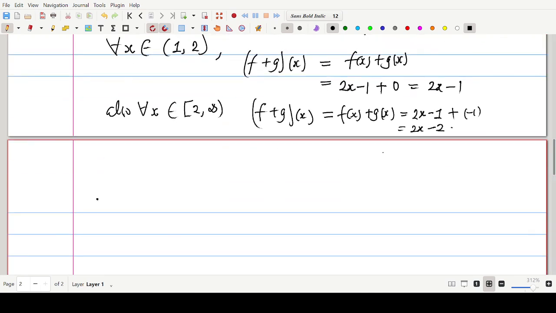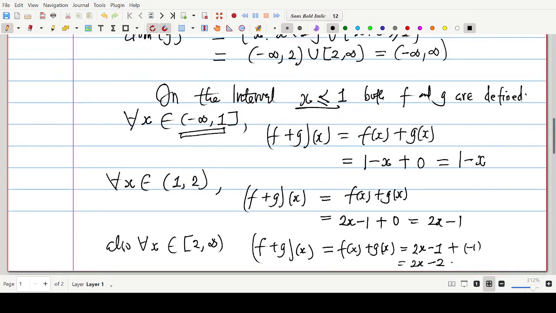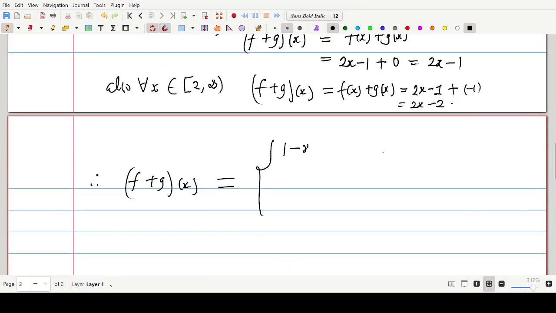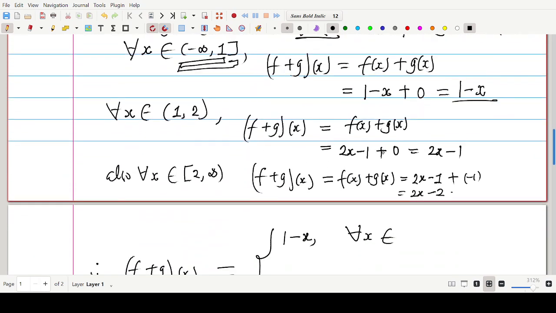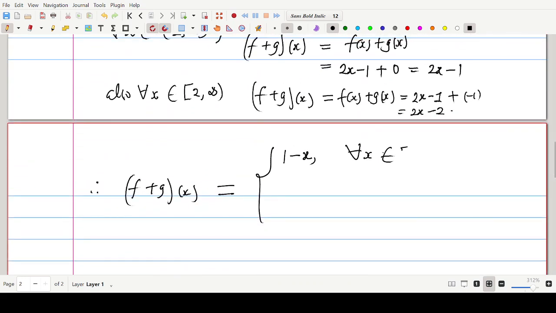So I can say therefore, my f plus g of x is piecewisely given as the first value of it, what is the first value? 1 minus x, and on what interval? This interval. All right. So I can come here and write 1 minus x for all x that are elements of minus infinity to 1 inclusive. All right.